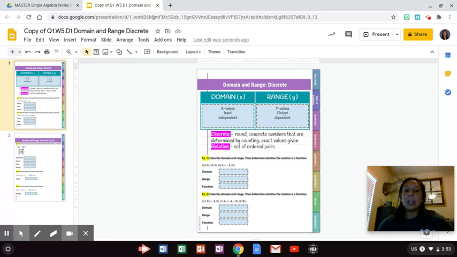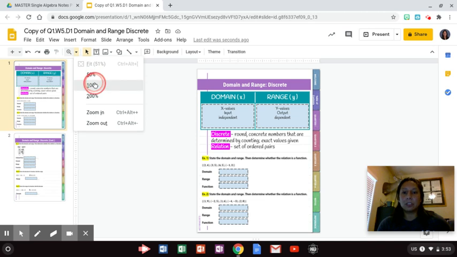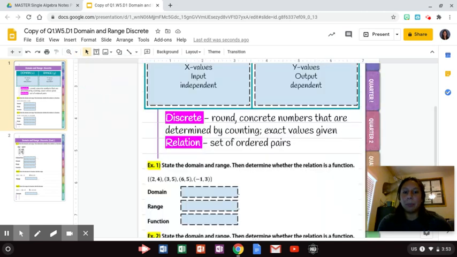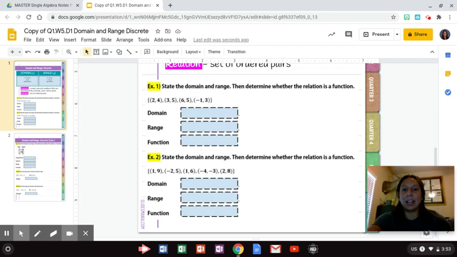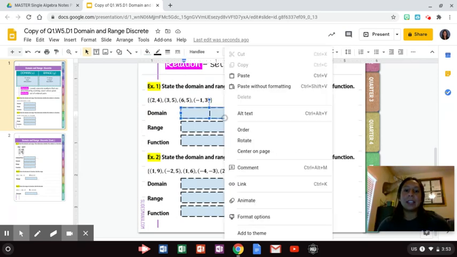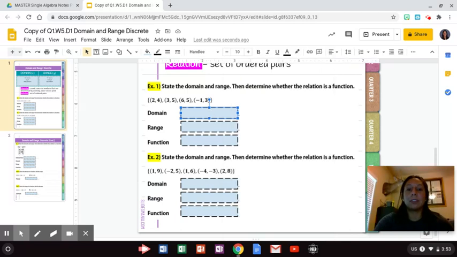Okay. So our first example that we have here is asking us to list out the domain and list out the range. So we're going to first start with domain. Since domain are my X values, we're going to go ahead and type in here the X values that are given. Now, when you type your X values or your Y values for that matter, they need to be in order from least to greatest.